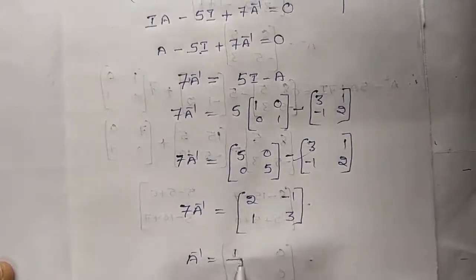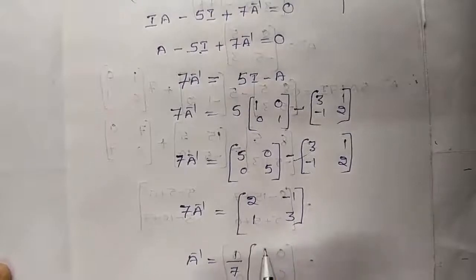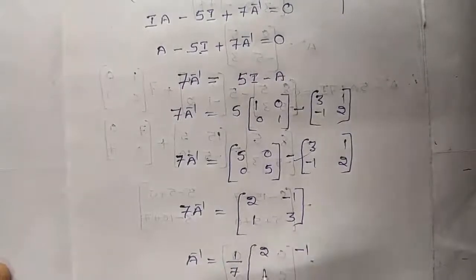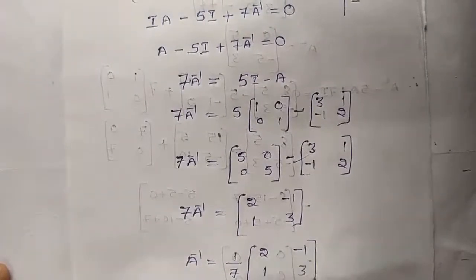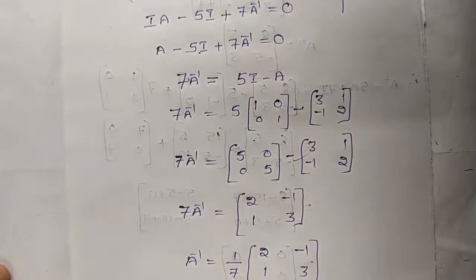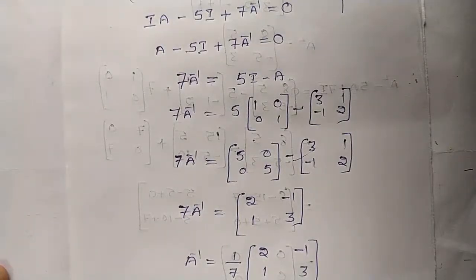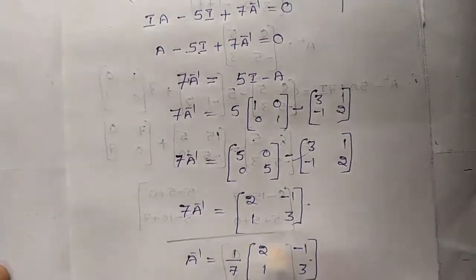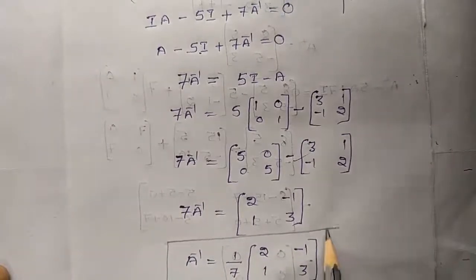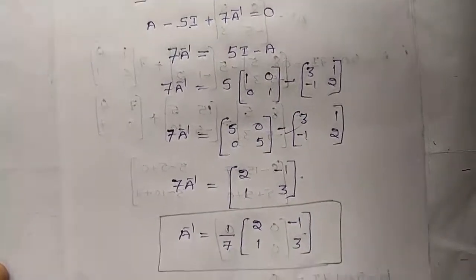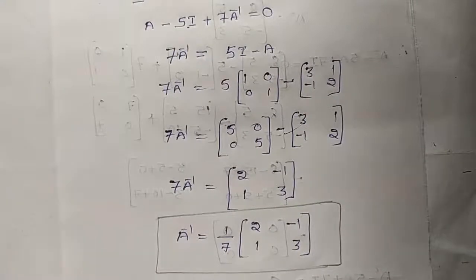A inverse is equal to 1 by 7 into the matrix 2, minus 1, 1, 3. Hence, this is the required A inverse matrix. Hence it is a solution for this question.